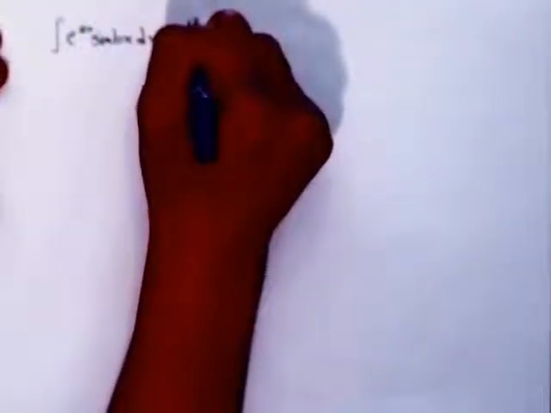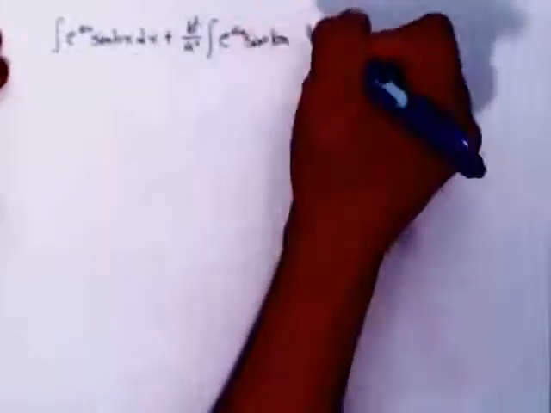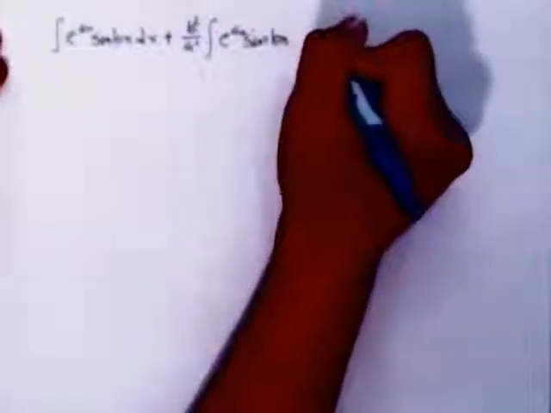So on the left hand side of the equation, if I add it, I get integral of e to the ax sine of bx dx plus b squared over a squared integral of e to the ax sine of bx dx. Now you notice that there's one of these and b squared over a squared term, so we can actually factor out the integral of that.